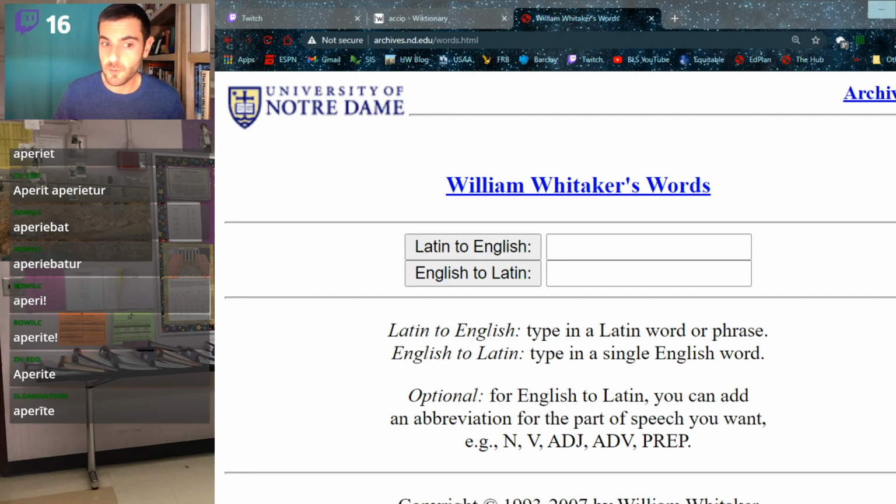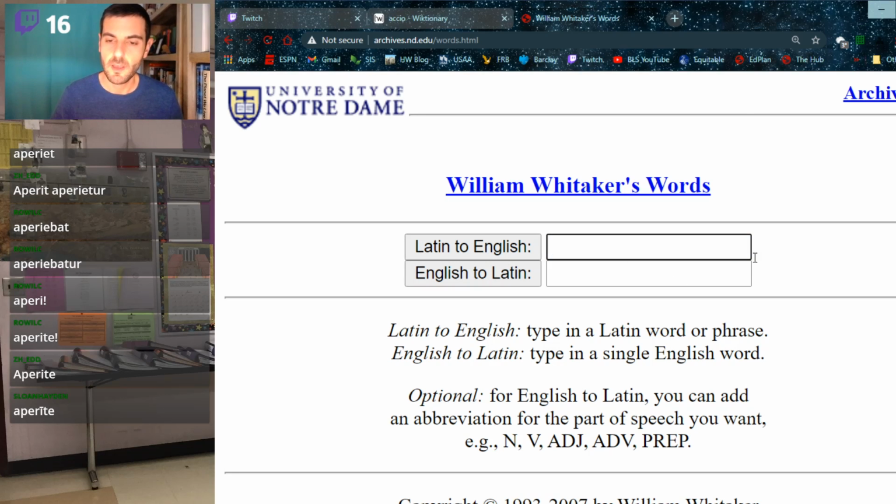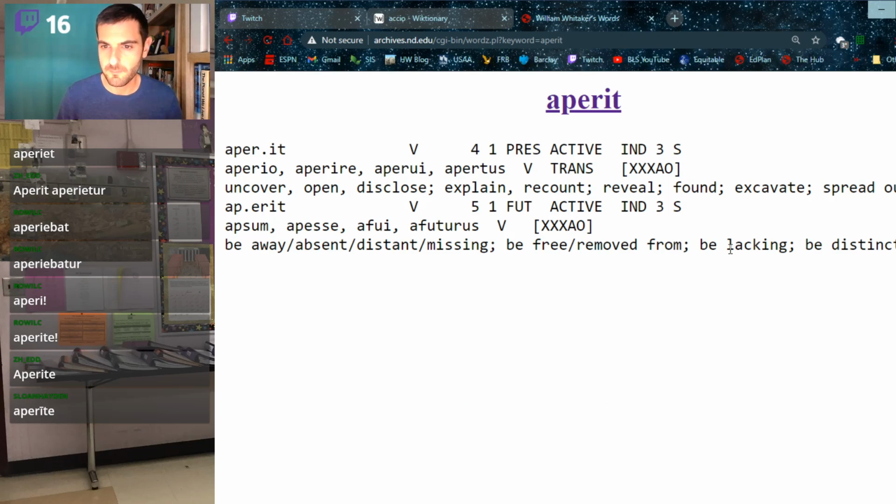If you're looking for a way to test yourself, you've done your verb chart, you've done your boxes, and you want to see if you're right. So let's say you put in aperit.